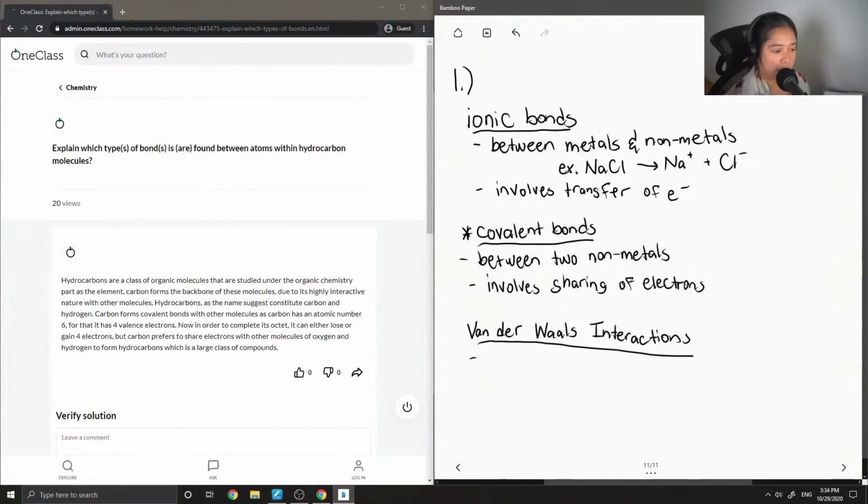So this is when you have a weak bond from temporary attraction, when there's a change in electronegativity.